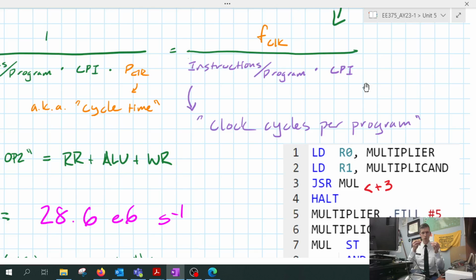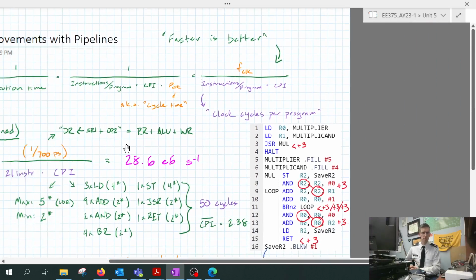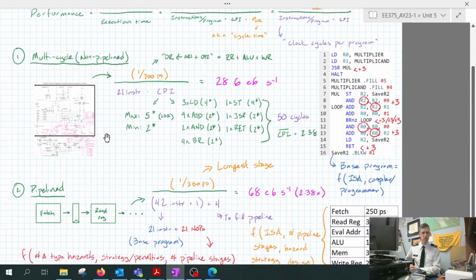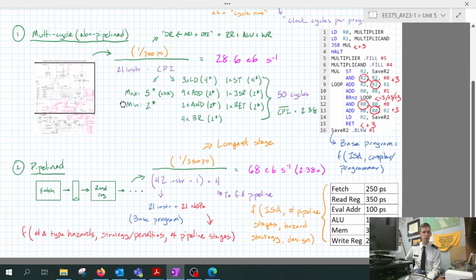I feel like it's a useful heuristic to help understand what's going on in this equation. If we figure out the total number of clock cycles it takes to run our program, and we know how many clock cycles we can execute in a given second, then these 2 terms tell us our performance.